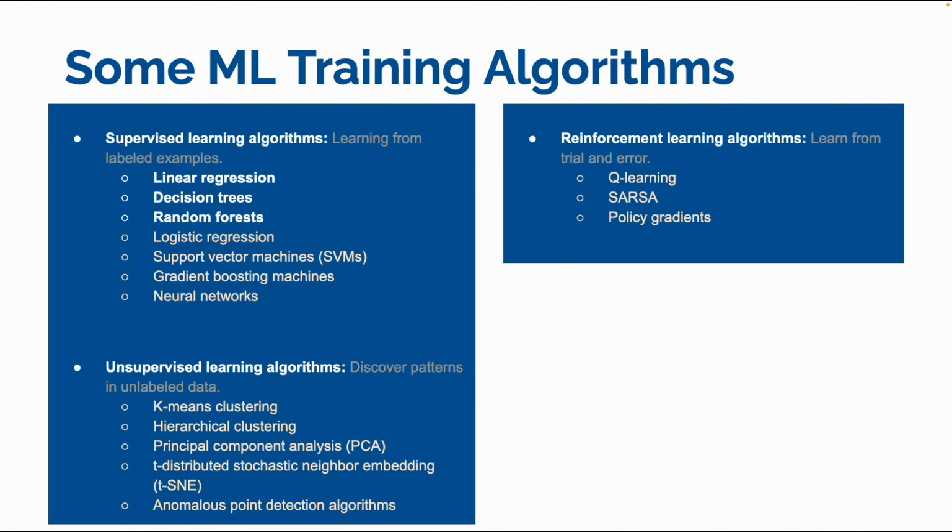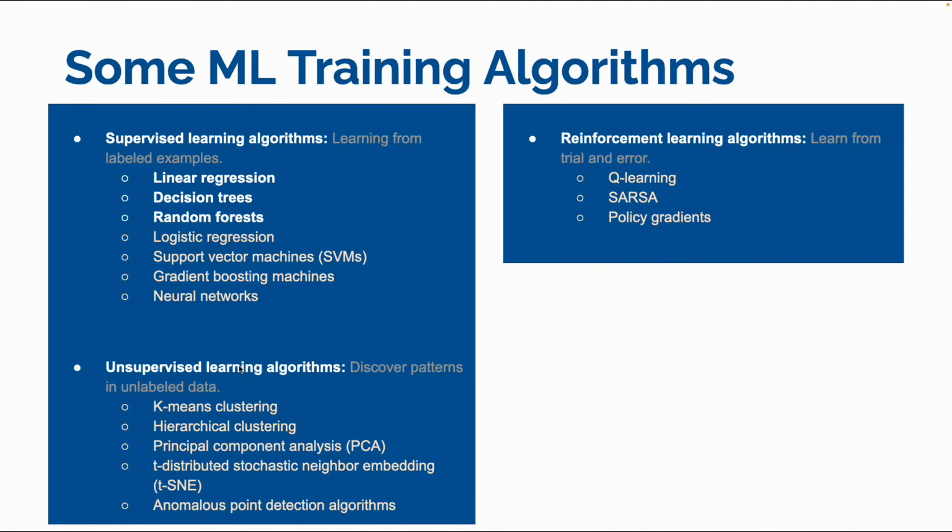So here are some ML training algorithms that you could use when creating your ML models. We have supervised learning algorithms, which is what we are going to be using for this training, and that usually just involves learning from labeled examples. Now I highlighted these three algorithms here: linear regression, decision trees, and random forest, because you need a little more understanding of how those work.